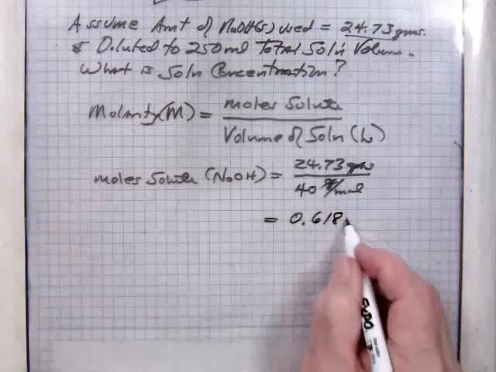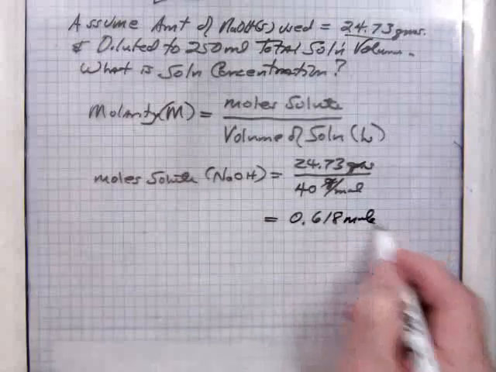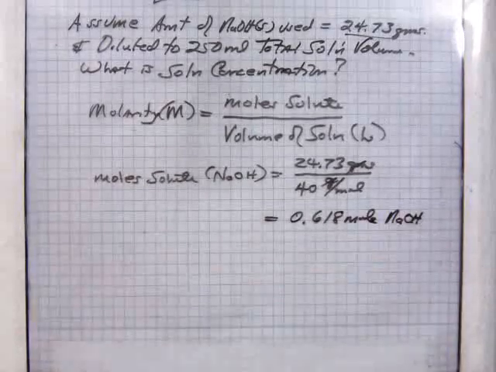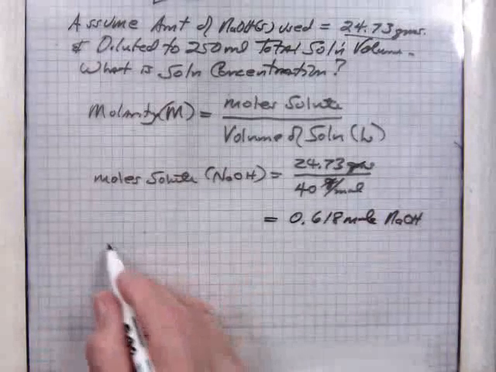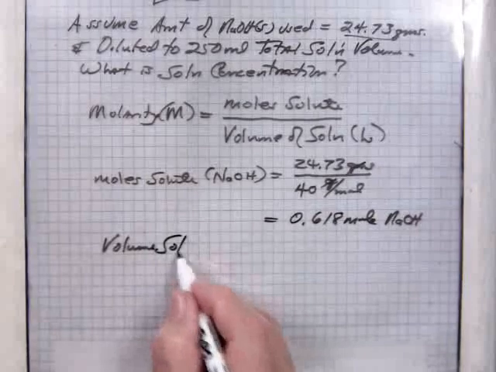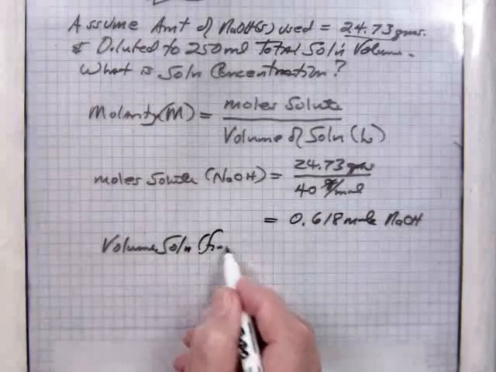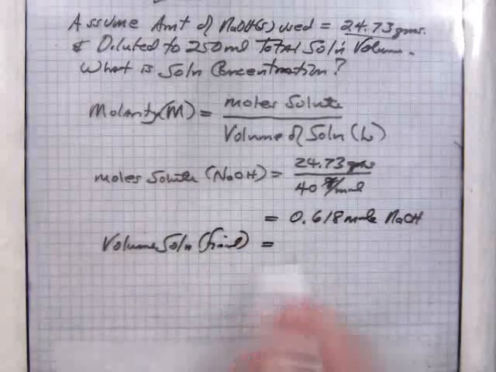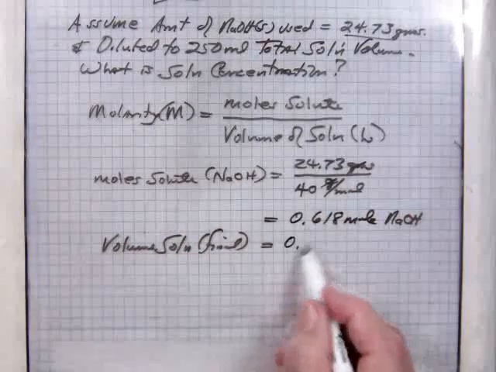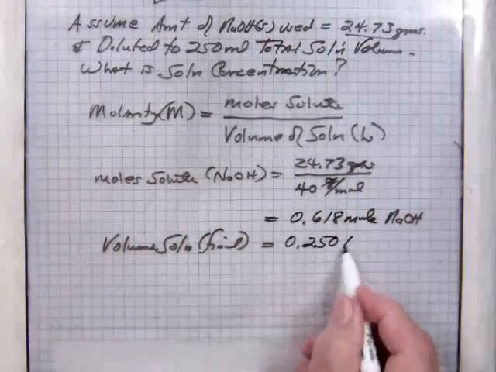This gives us 0.618 mole of sodium hydroxide in solution. Now the final volume of solution needs to be 250 milliliters, but should be 0.250 liters.